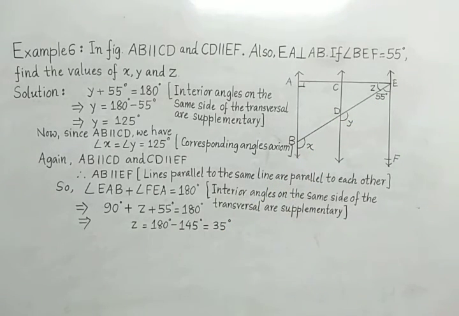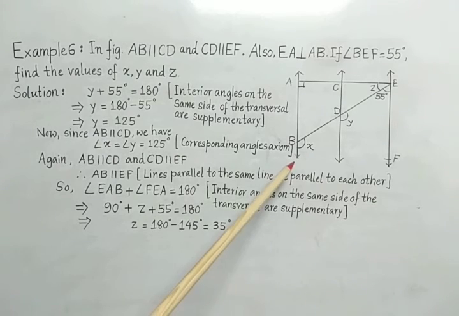There is a theorem which states that these interior angles, lying between the parallel lines CD and EF, on the same side of the transversal are supplementary. So that's why we have written angle y plus 55 degrees is equal to 180 degrees. From there we get y equals 125 degrees.